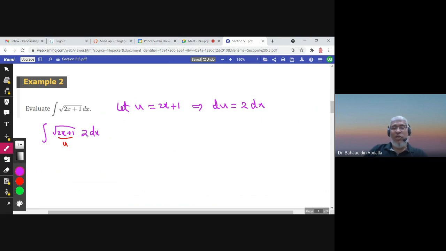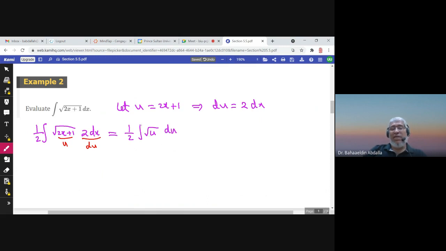So I need a 2 here to call it du. No problem. You can multiply here by 2, but multiply outside by half. So half times 2 would be 1, and we did not change anything. So now I can continue. I say this is equal to half integral square root of u du.